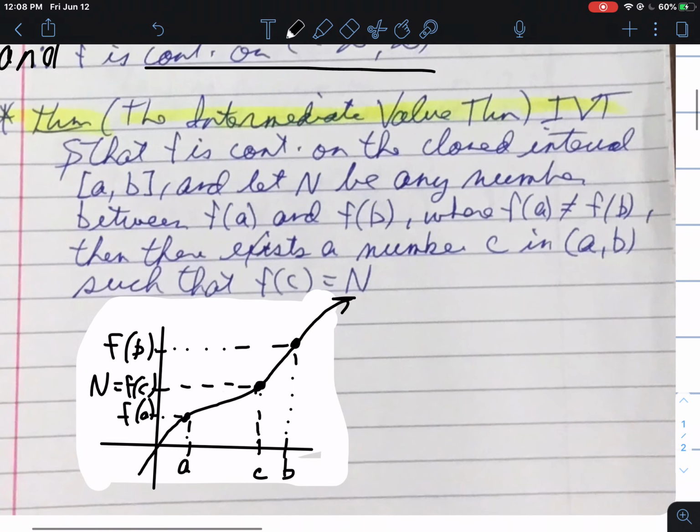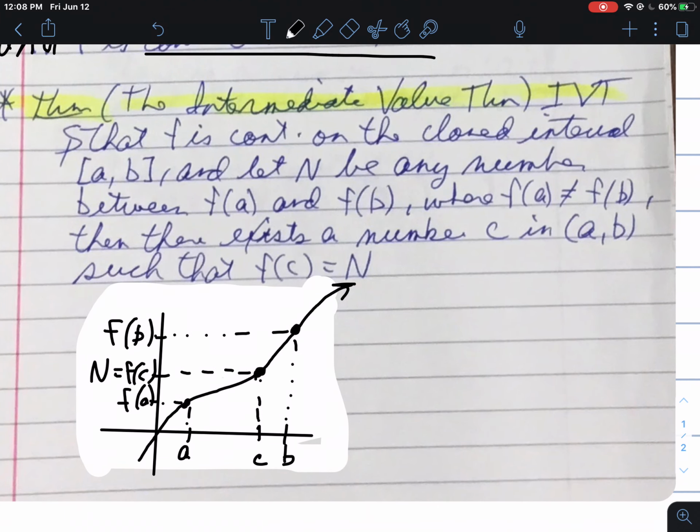Last theorem in this section, the intermediate value theorem, or what we call the IVT. Suppose that f is continuous on the closed interval from a to b. And we're going to let capital N be any number between f of a and f of b. Right, so N is some number between the function values, f of a and f of b, provided that f of a and f of b are not the same.